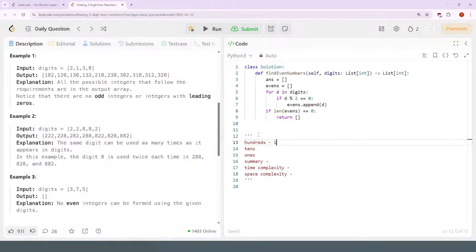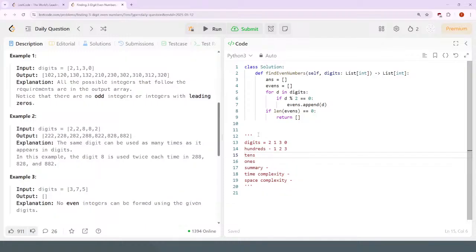So it's like 1, 2, 3 as your possible hundreds. So this is for digits 2, 1, 3, 0. And then when you do your hundreds, you say your tens is either 2 or 3. And then when you do your ones, no, the tens is 0, 2, or 3. And then you do your ones, and it's either 2 or 0.